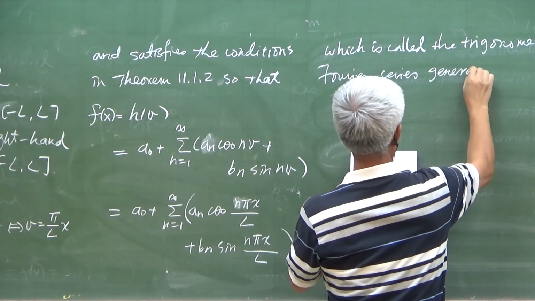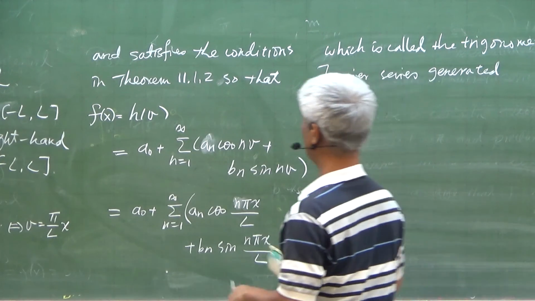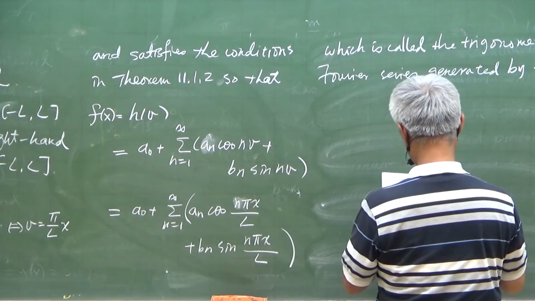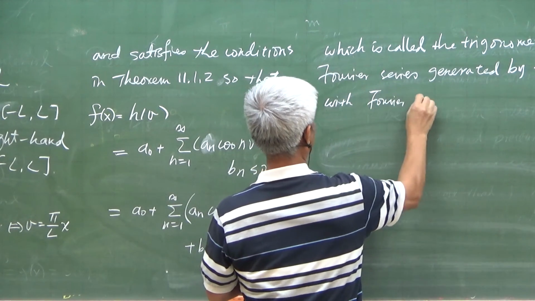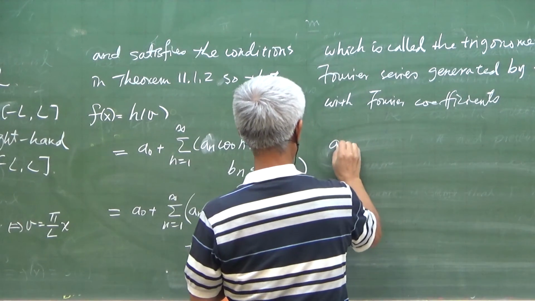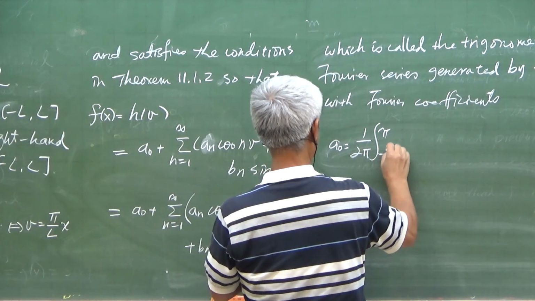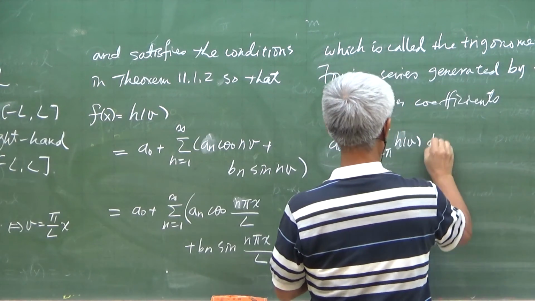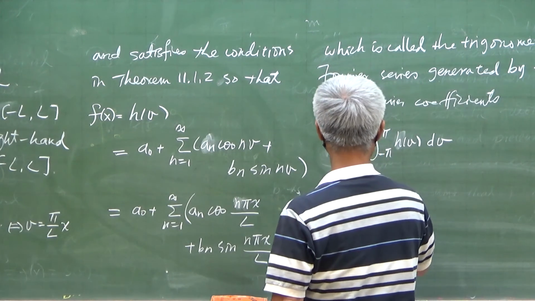So another way to write it: maybe simplify f of x with Fourier coefficient a0 equal to 1 over 2 pi times the integral of h of v dv.